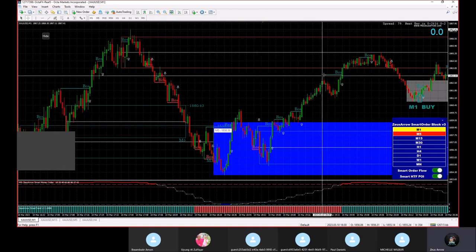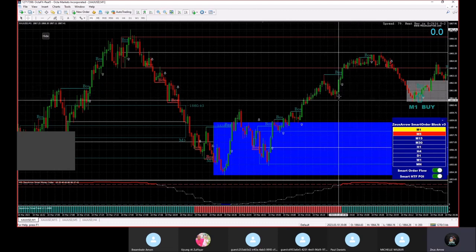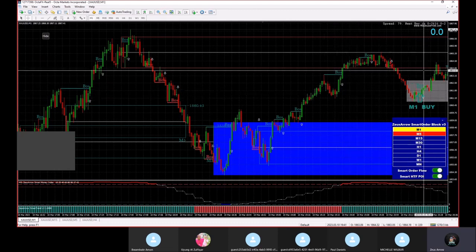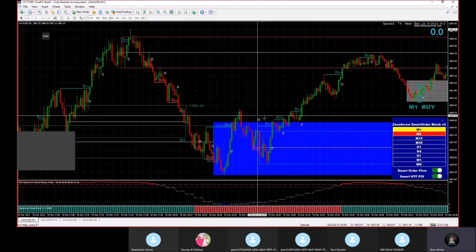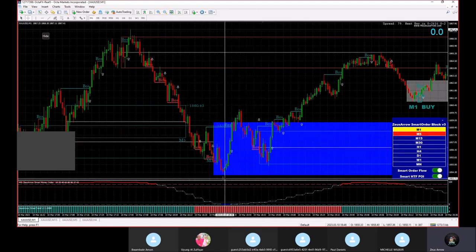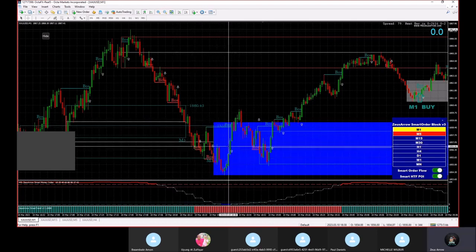But we cannot go and say, okay, we're going to use this order block, because then it will become a confirmation for some other zone. So that is one thing you need to maintain: if you're looking for a confirmation, make sure that the confirmation is near to the higher time frame POI that you're looking for.